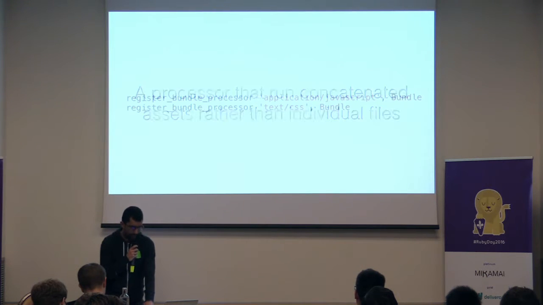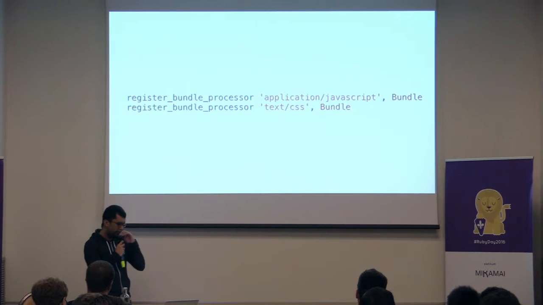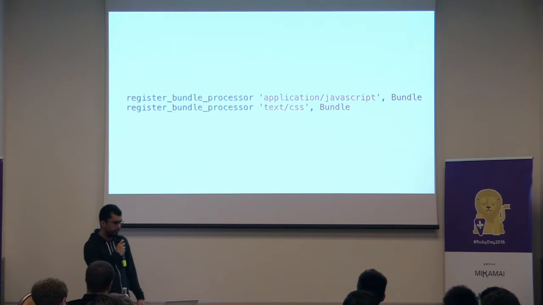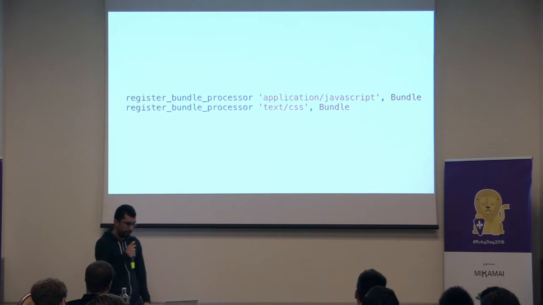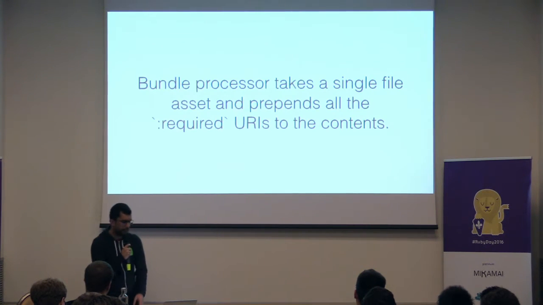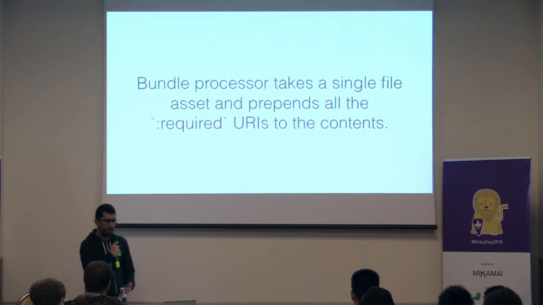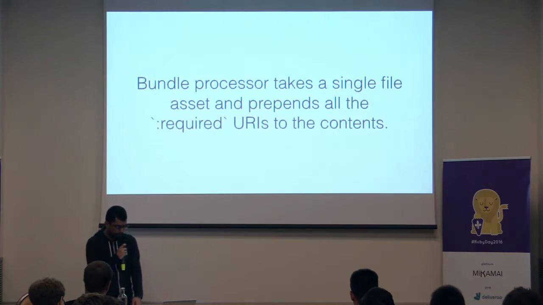And you can register a processor like this. I'm saying that for all the JavaScript files, I'm using this class Bundle as the bundle processor. The same thing with CSS files. This bundle processor takes a single file and prepends all the required URIs in the contents. Required is one of the keys that is returned in the hash.